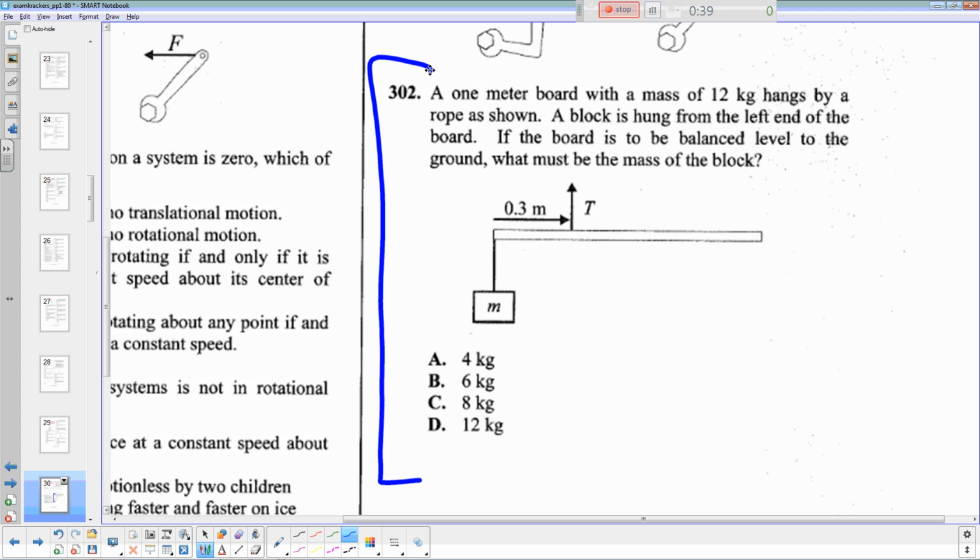You want to consider the mass of the board. Don't forget the mass of the board, which is located at what point? The center of gravity, which for a 1 meter board is where? It's at a half a meter.